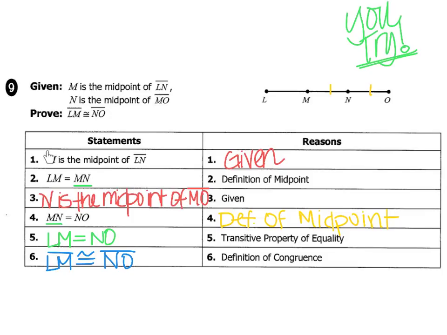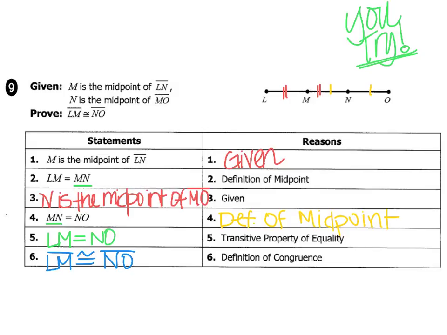Now, based on this information here that M is the midpoint of LN, we can say that LM is equal to MN, okay? So I didn't mark that on the diagram, actually. Let's mark that up. Okay, so LM is equal to MN. Those two are equal or congruent, right?